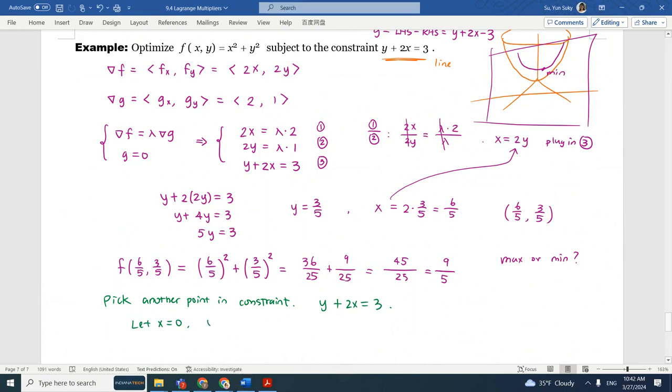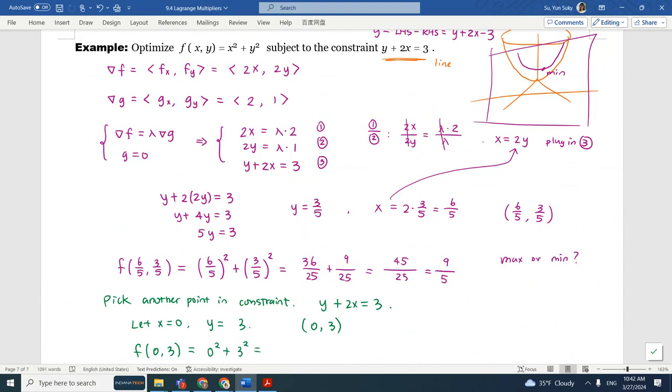If you let x be 0, what is your y? If you let x be 0, y is 3. So we find the point 0, 3. Now you plug into f. f is x squared plus y squared. X squared is 0 squared, and y is 3 squared.